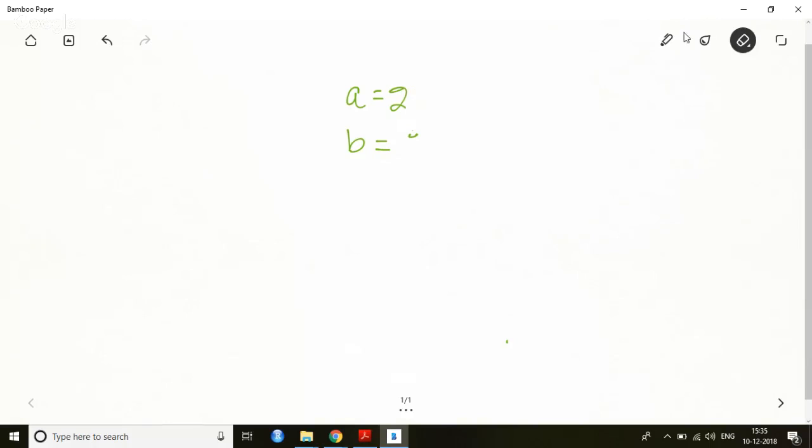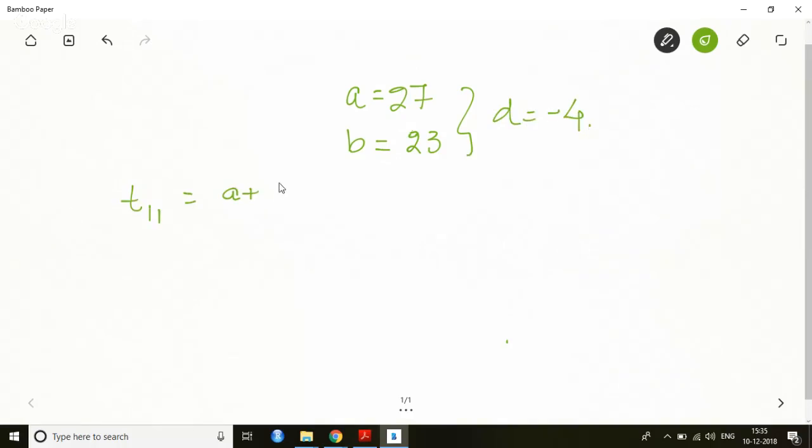I'm sorry, b is equal to 23. So I can see that d is equal to minus 4 here. T11 would be equal to a plus n minus 1 d. So it becomes 27 plus, n is 11, minus 1 is 10, into minus 4. So that comes out to be 27 minus 40, and that is equal to minus 13.